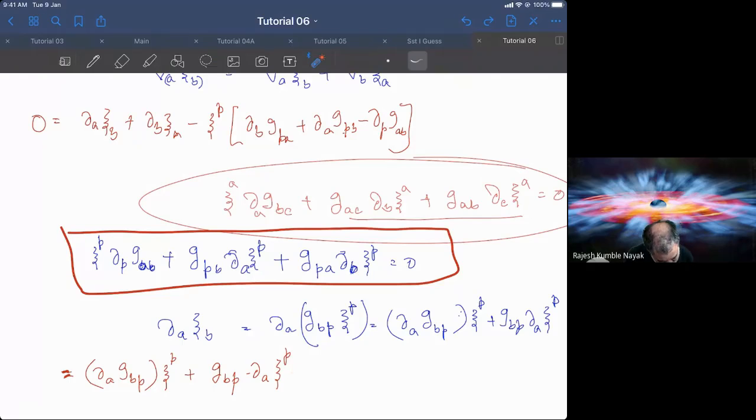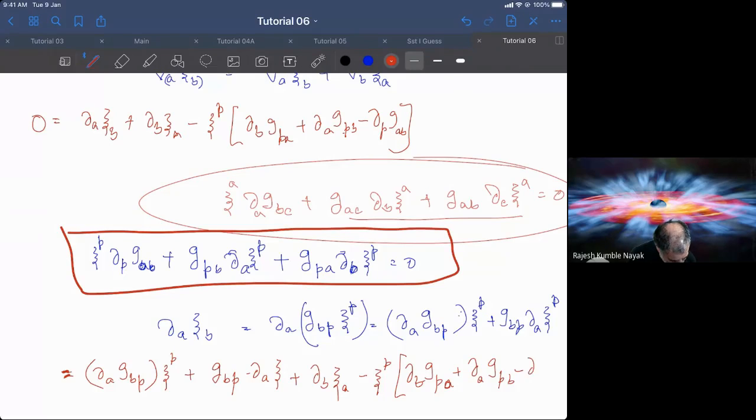Let me write down fully if you find it. Z_B, xi_A minus xi_P into G_BPA plus G_APB minus G_PAB. Okay, so this is done. So we can see that this term is cancelling out with this.